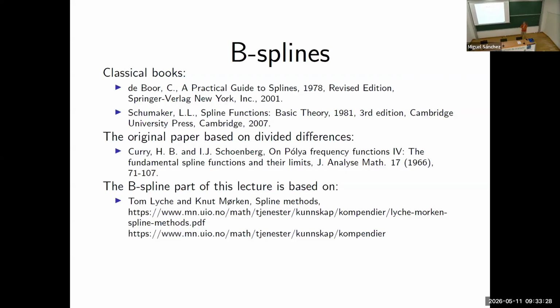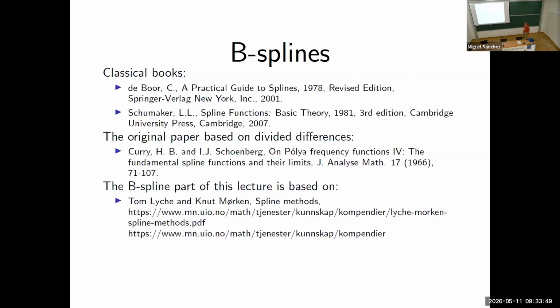But the original paper which introduced general B-splines is by Curry and Schoenberg from 1966. This paper is based on divided differences, which I will not do here.